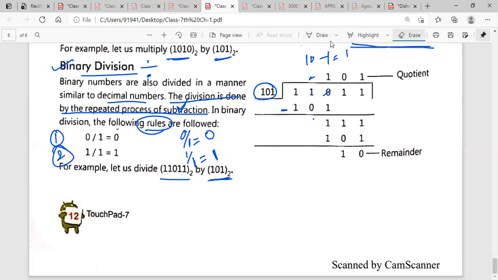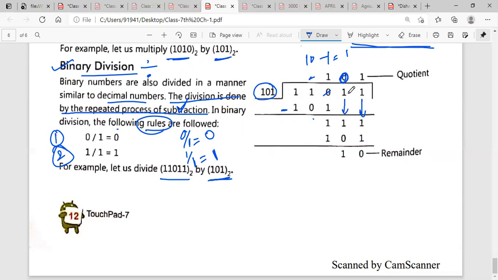Okay, now again see 111, we will divide this number by 101. Okay, here the 0 means we are taking 2 digits.